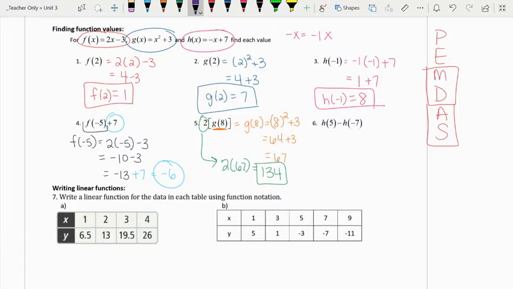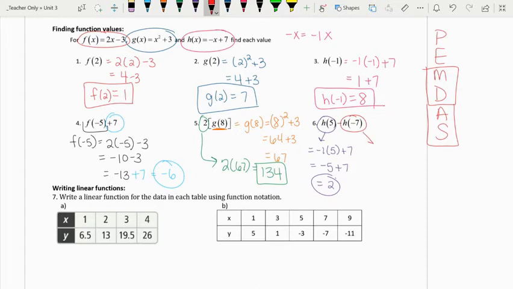And then we have one like number 6. h of 5 minus h of negative 7. So what I would do is find h of 5 and then find h of negative 7, and then we're going to take those two values and subtract them. So h of 5, that would be negative 1 times 5 plus 7, which is negative 5 plus 7, which is 2.